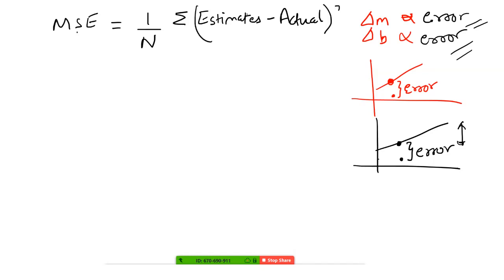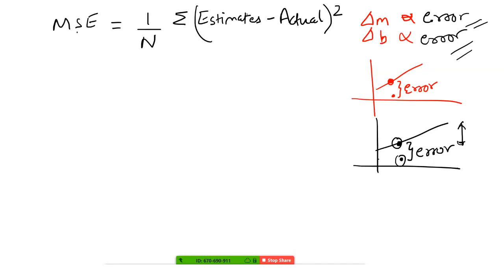So all my estimated values minus actual values, the whole square. And note that these are individual x's. This is the individual estimate for that particular point. At that particular point, you want estimates minus actual, the whole square. That is the mean squared error, the quantity that we are going to look at.